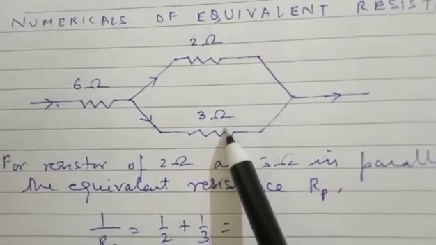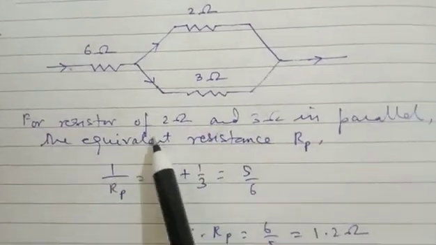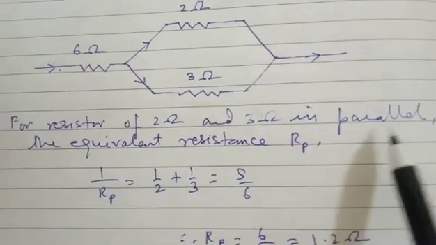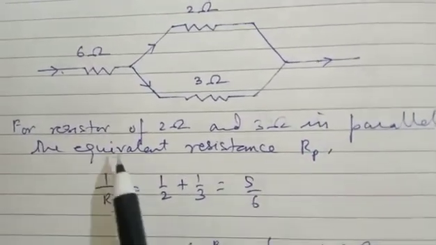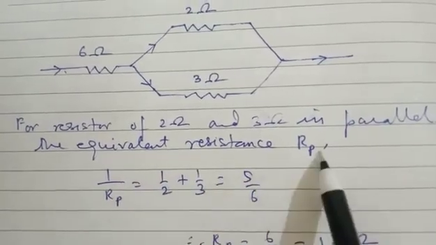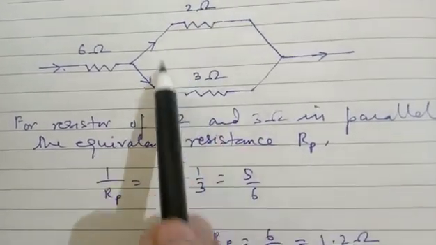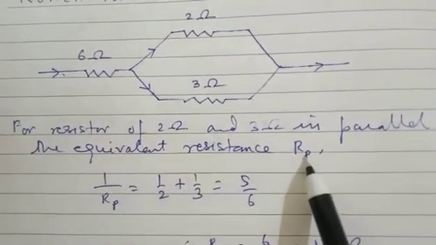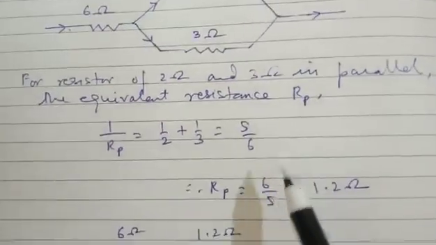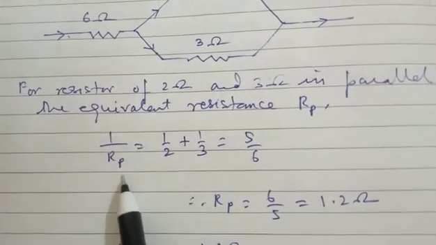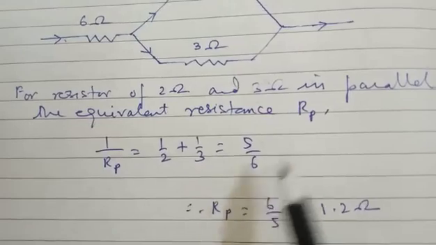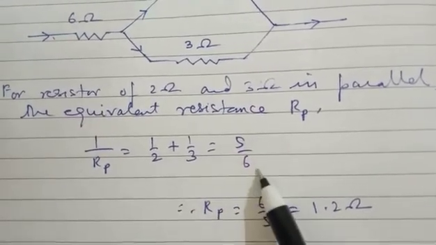So now, since they are connected in parallel, for resistors of 2 ohm and 3 ohm in parallel, we are assuming the equivalent resistance of 2 and 3 as Rp, and the formula we know is that 1 by Rp is equal to 1 by 2 plus 1 by 3, that is going to give us 5 by 6.